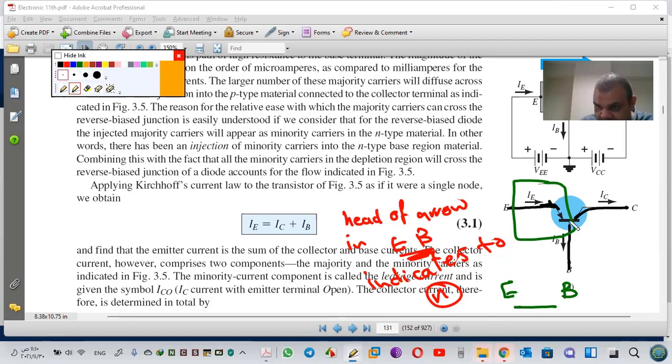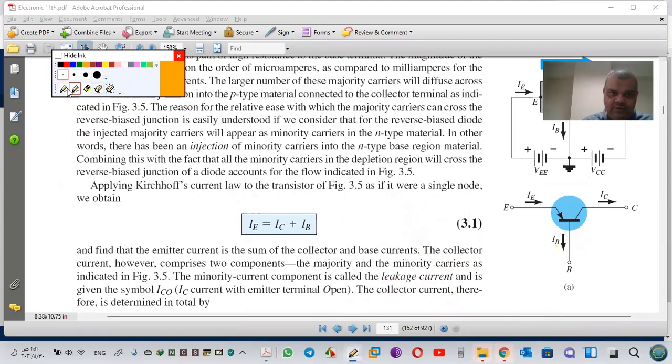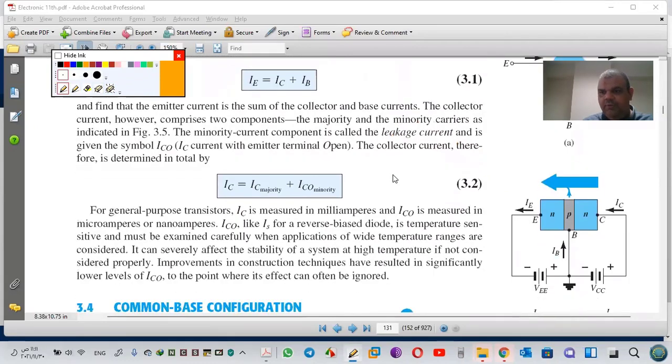Where is N? N is here. P, N. So the head of the arrow indicates N. So this is N. Now let's go to the opposite one in our book.